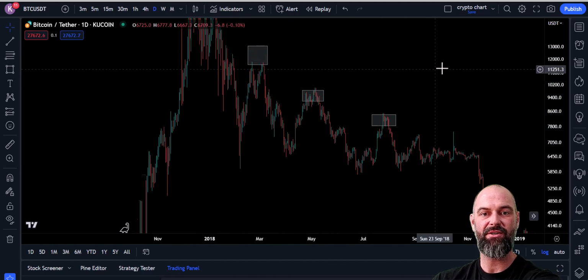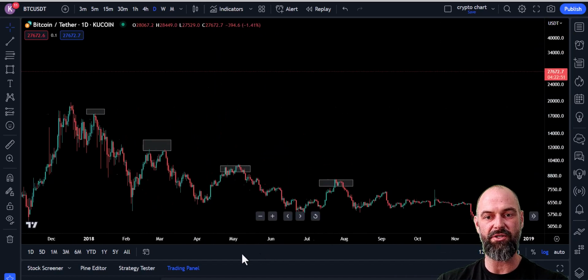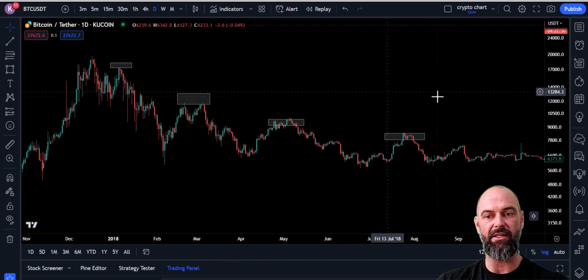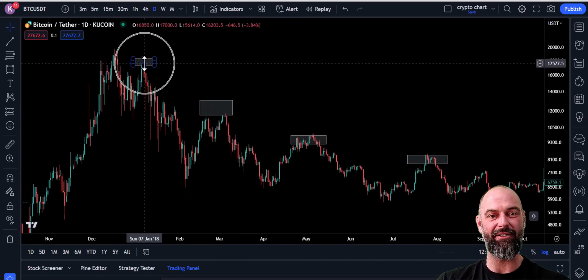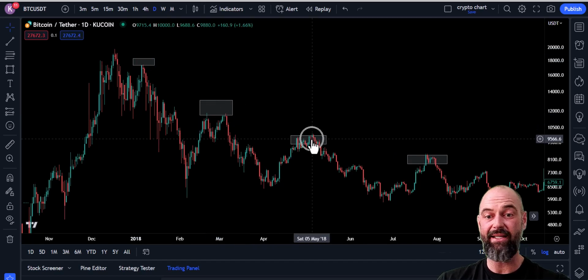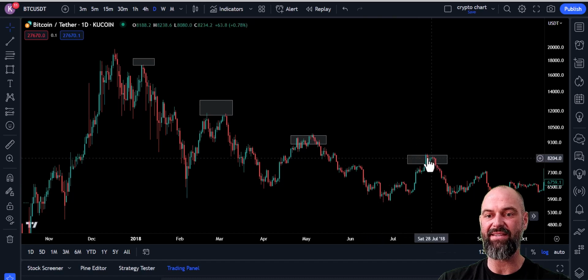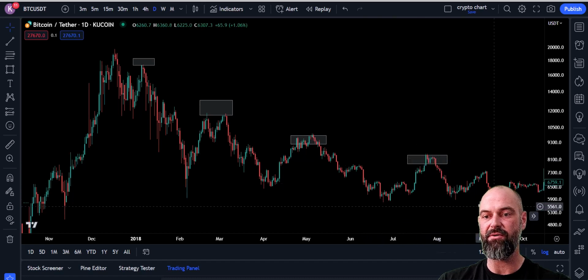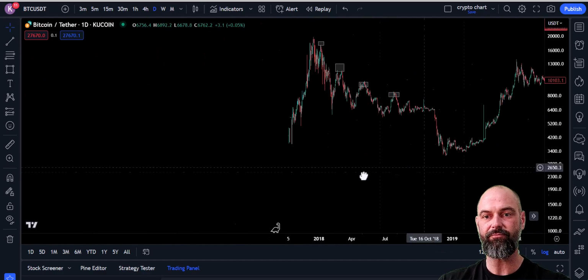And the gray zones were all Fibonacci levels for selling pressure. And look how accurate they are. Did it go above here? No. Did it go above here? No. Did it go above here? Barely, but then a huge sell-off. And the same here to the top of the zone and a massive sell-off.